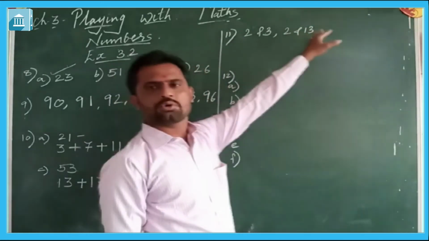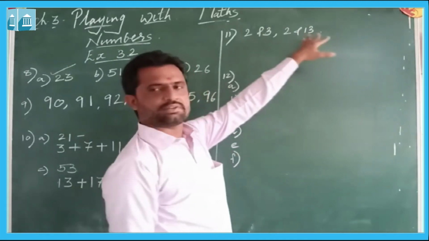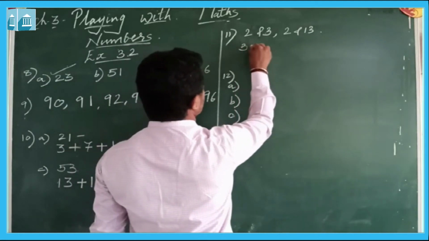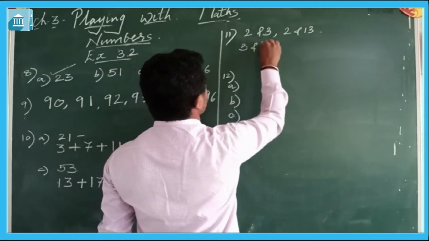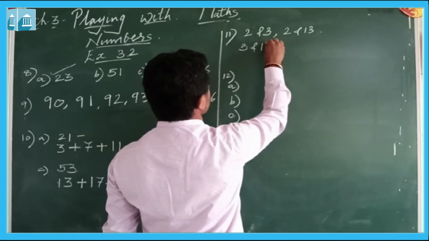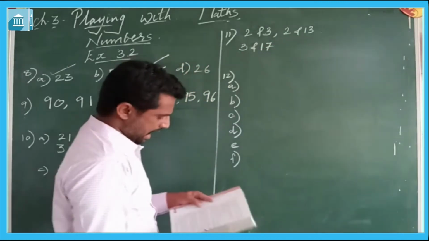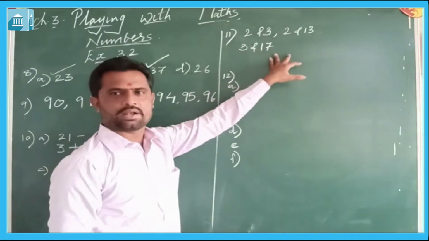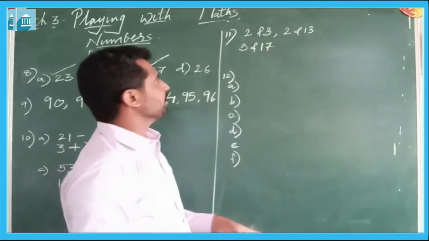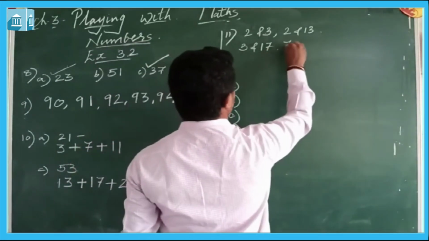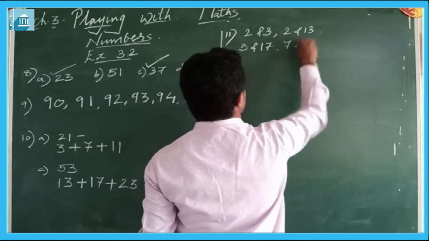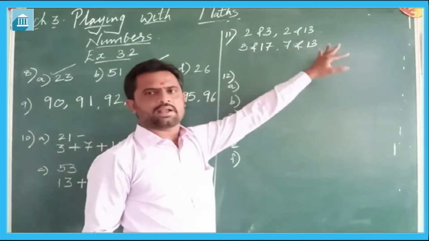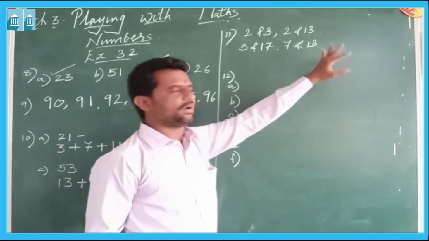If you add 2 and 13, it will be 15. So it is divisible by 5. Then 3 and 17. 3 plus 17 is 20, and again it is divisible by 5. Then next we can have 7 and 13, which is again 20, and again it is divisible by 5.